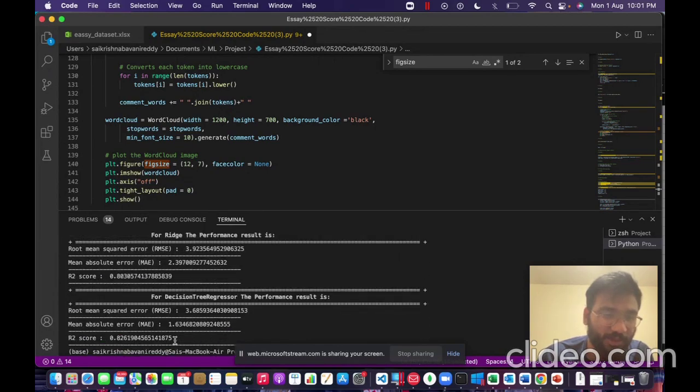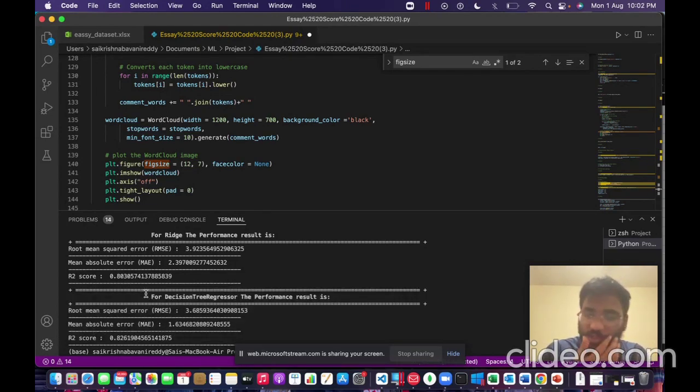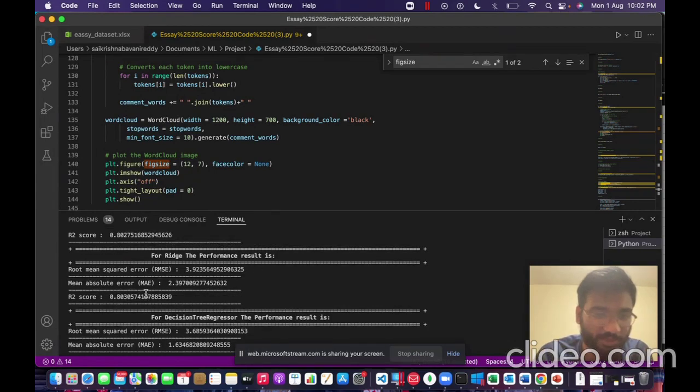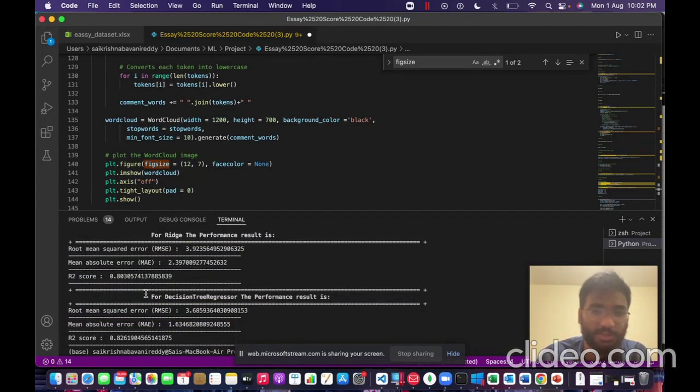The R2 score is 0.82 for the decision tree, versus 0.80 for the other two. So the R2 score is higher for the decision tree. Here we can say the decision tree is performing well compared to the ridge and linear models. Thank you.